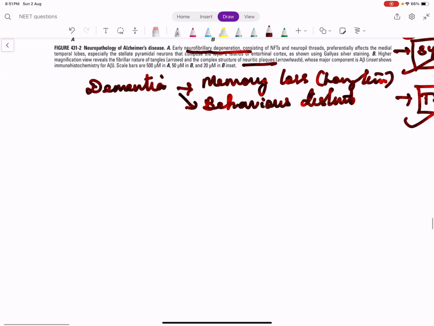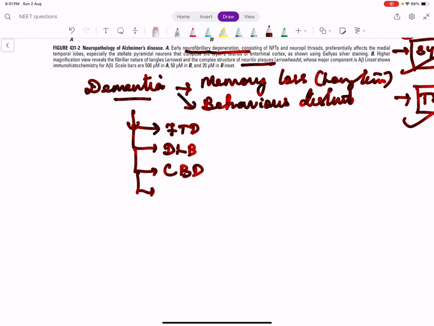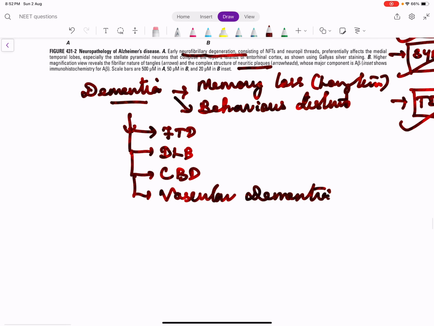Okay. Now this dementia, there are a few other differential diagnoses. Like there is something called as frontotemporal dementia. There is dementia with Lewy body. There is corticobasal degeneration. Plus we have the common vascular dementia. So everything has a particular feature.